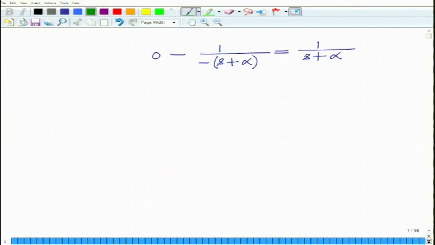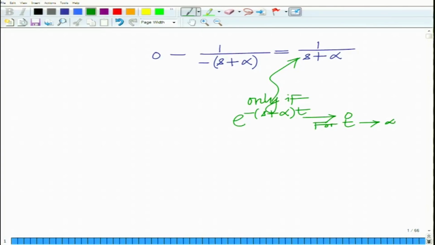So, this converges to 1 over s plus alpha only if e raised to minus (s plus alpha) t tends to 0 for t tends to infinity.